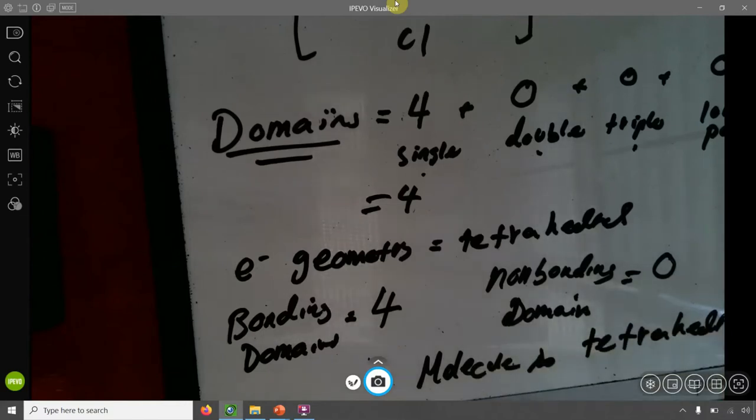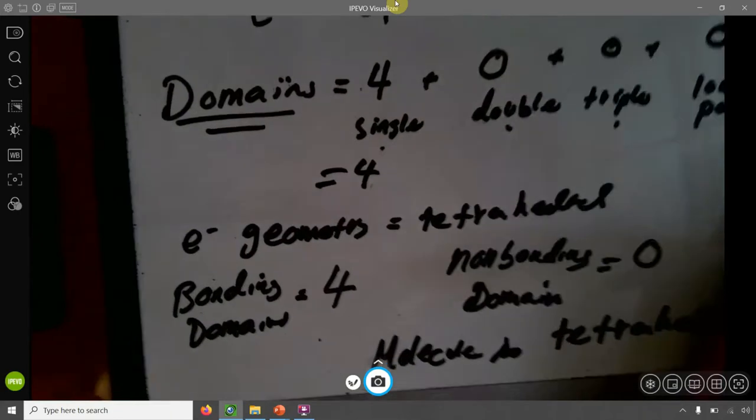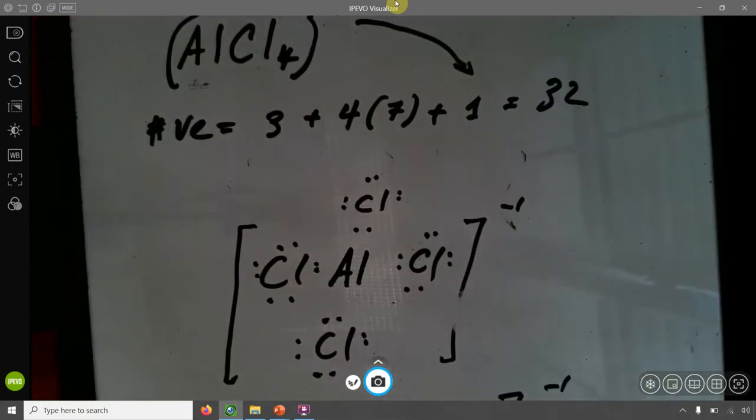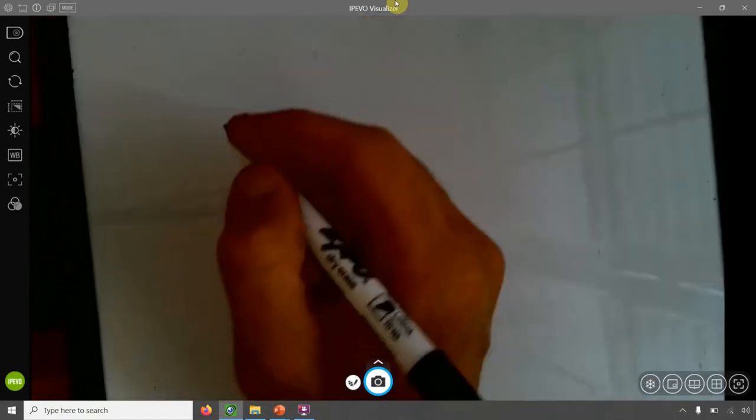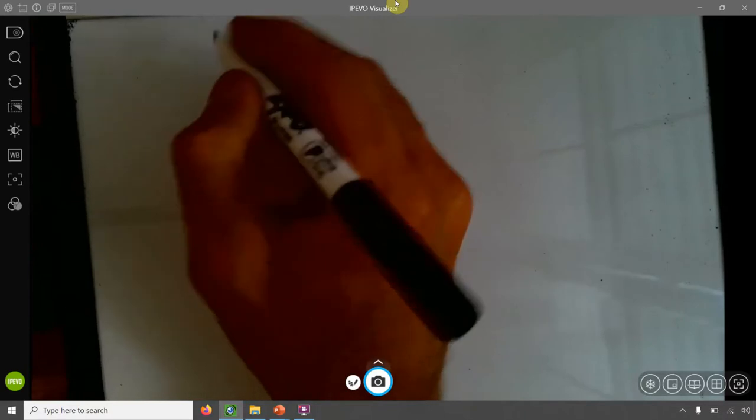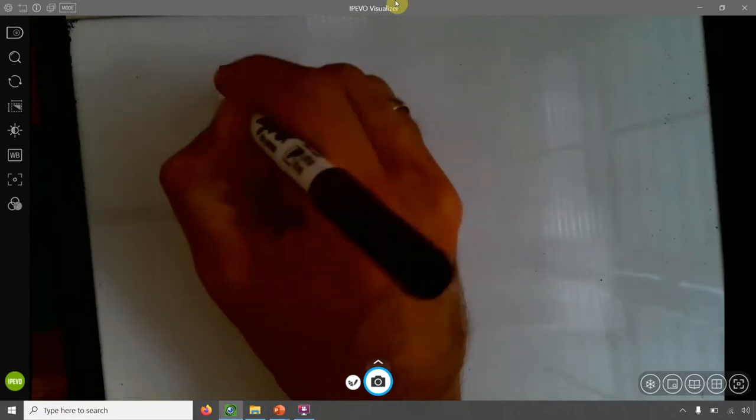Let's look at yet another example. Why not? Let's look at I3 -1. It's a polyatomic ion of 3 iodines. So I have I3 -1.